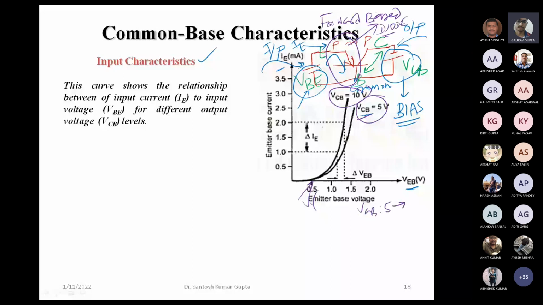So for a given value of input voltage VBE, we can see that a higher current is there, corresponding to the high VCB. So that is something which we should look at.